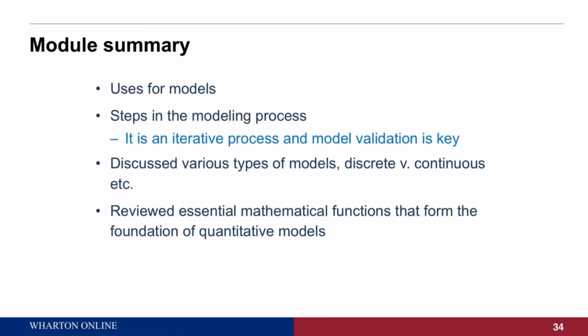So summarizing what we've done in this first module, we started off talking about uses for models. The two key uses for these quantitative models tend to be in predictive analytics, in making predictions and forecasts, and also in doing optimization problems. We've seen the steps involved in the modeling process.